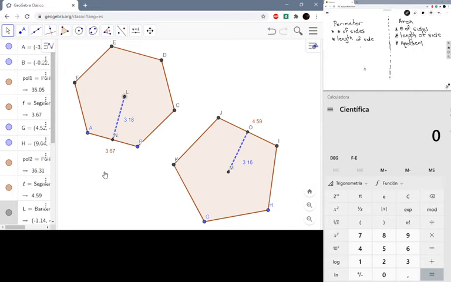So let's find the perimeter of both figures. It's really simple. When you have those two numbers, the only thing that you have to do is multiply them. So let's see. For the case of the hexagon, and for the case of the pentagon, it's a little bit different.